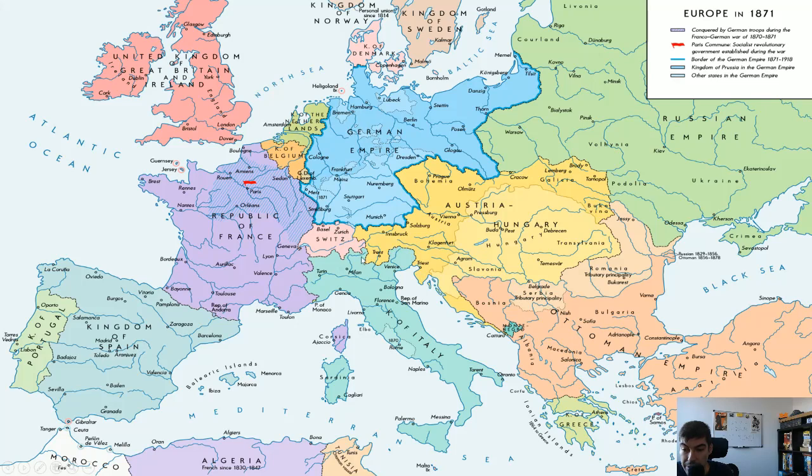Here we have the Kingdom of Italy, also unified, with the capital Rome, which was moved there in the previous year, in 1870.